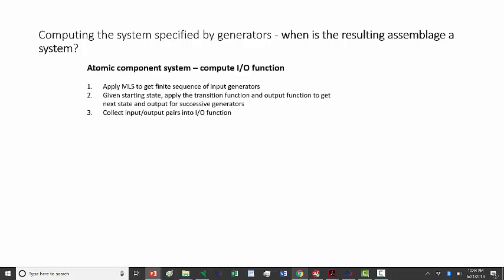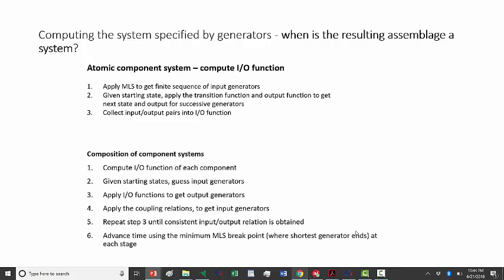We can talk about atomic components that compute the input-output functions, and we can then talk about composition of component systems, where we have the input-output function of each component, and we have starting states for the components.